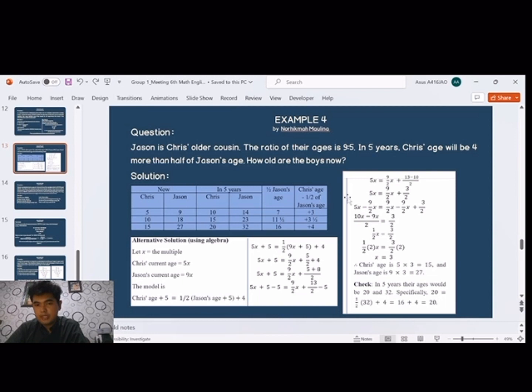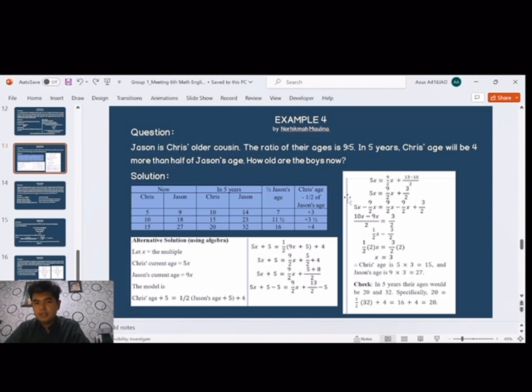So it will be a half x equals 3/2. So x equals 3, sorry.